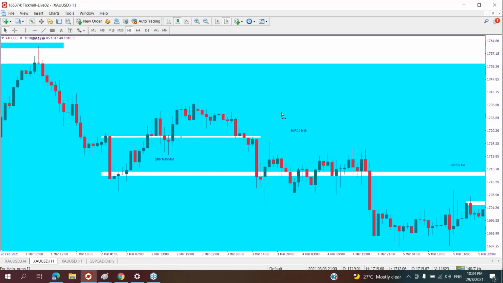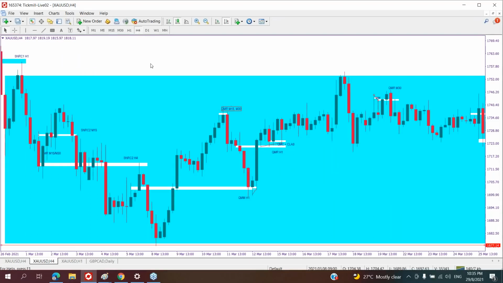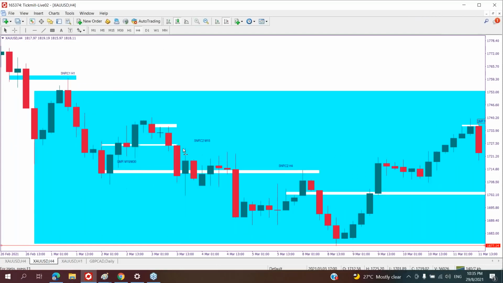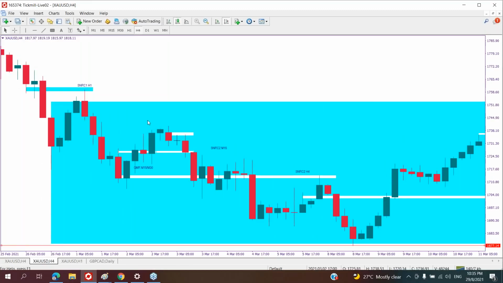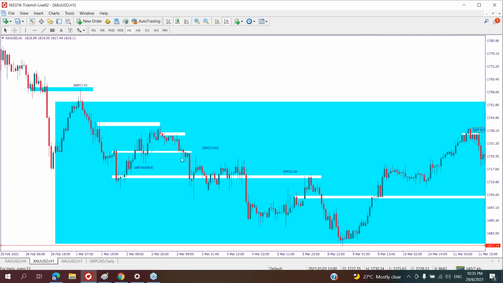But in my recorded video, I closed when the price reached a little bit of profit in here, because I can see in H4 the price already reacted and made a bearish engulfing, and in H1 there's a supply zone over here, so I don't feel good about keeping on buying.